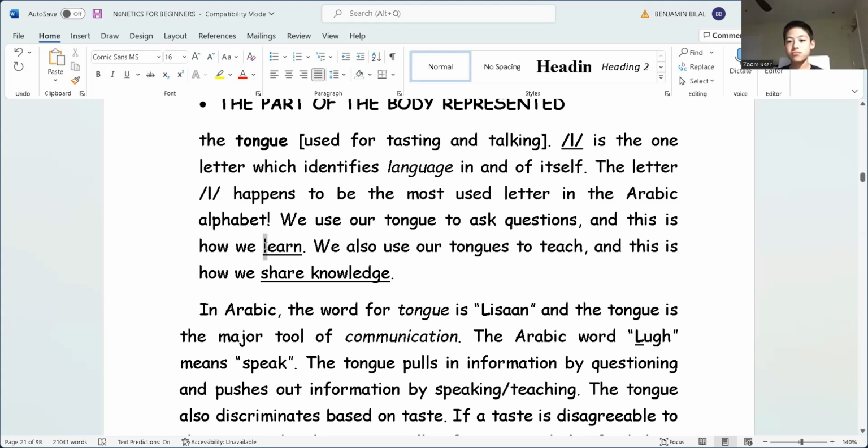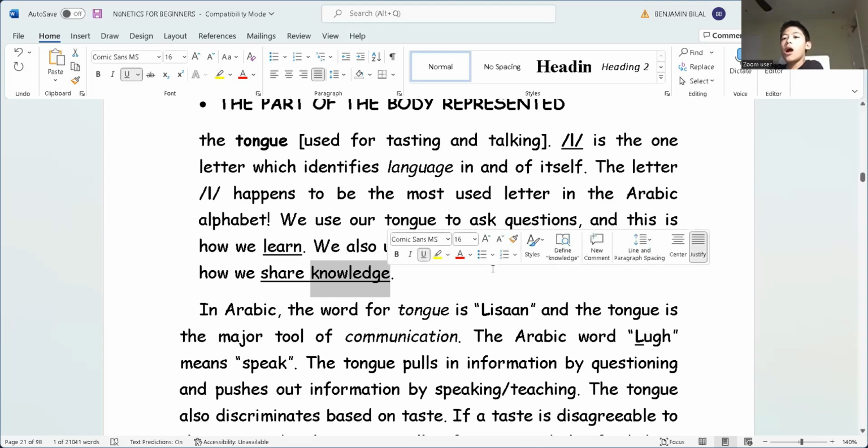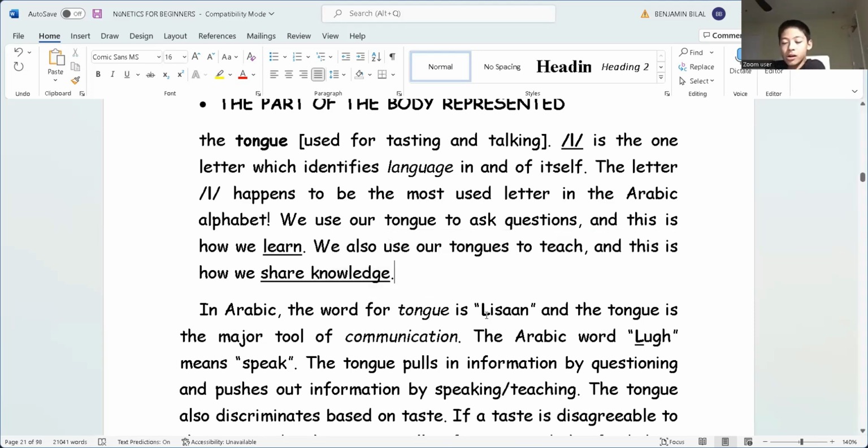And you won't know this, but the Arabic word for knowledge is ilm, ILM. So you see the letter L in ilm, right? And you see the letter L in the word for tongue, or the word for language in the Quran, called lisan.